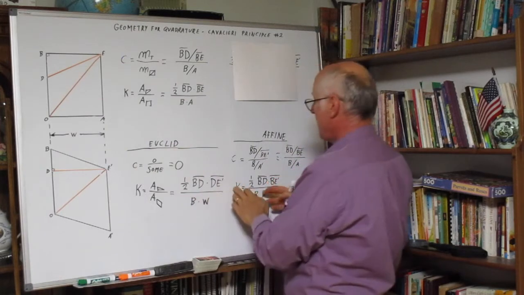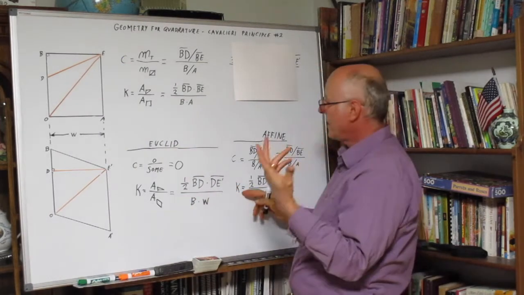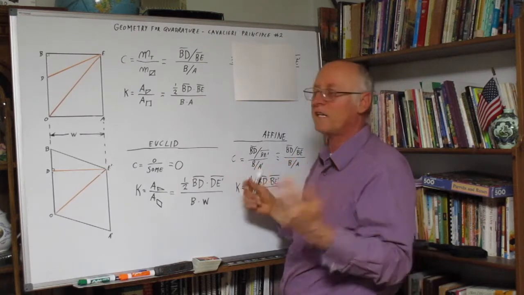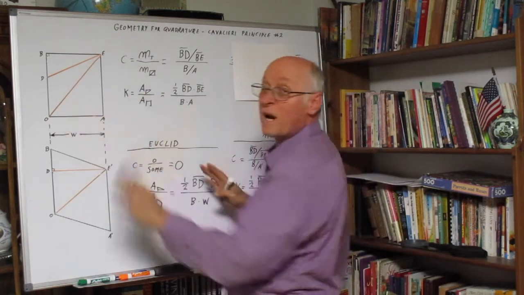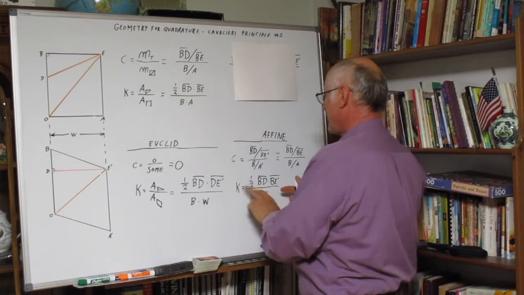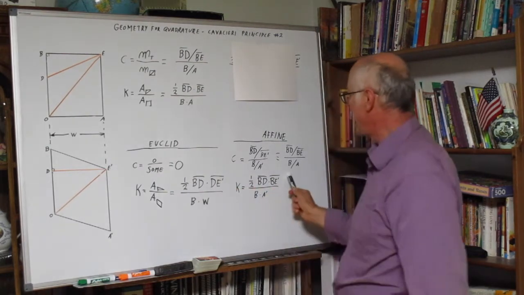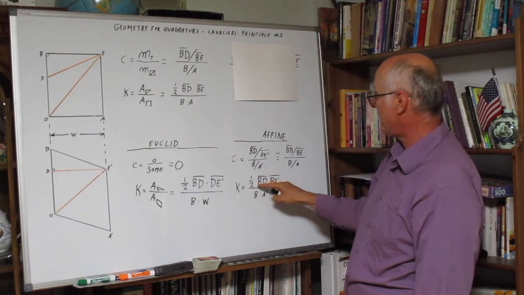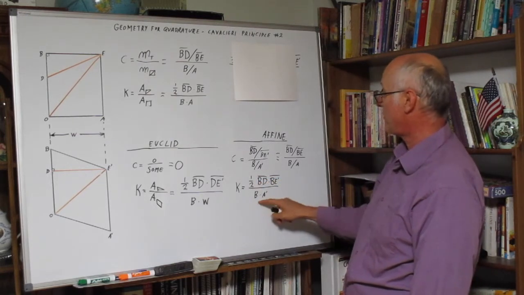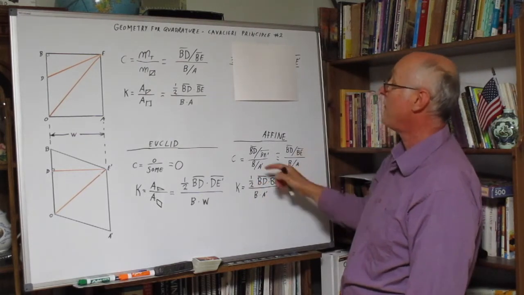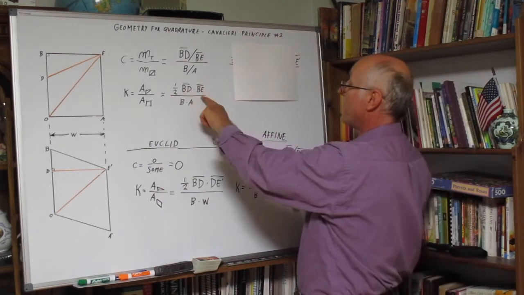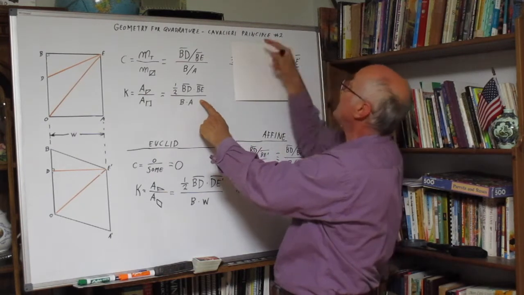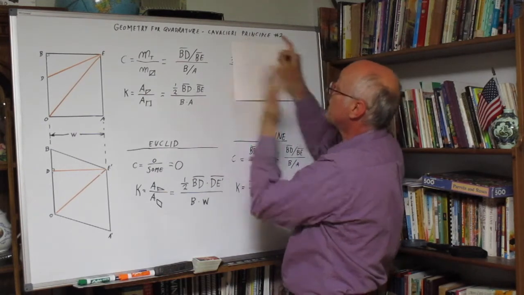Therefore, K, the ratio of areas, is also unchanged. That's an invariant property. And so this entity here, you see this? 1/2 BD times B prime over B times A prime must equal this, because there is no change. Cavalieri says so.